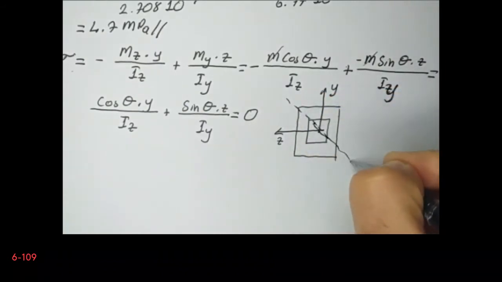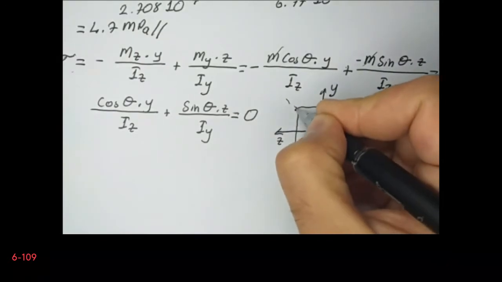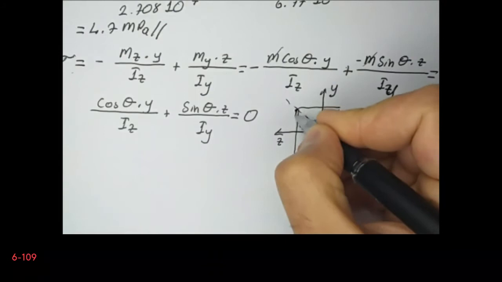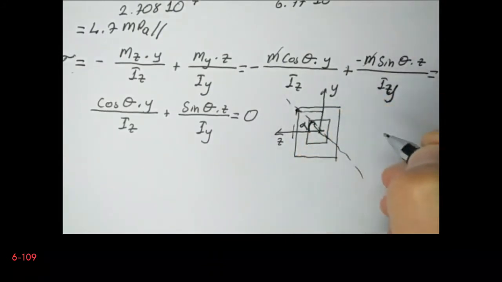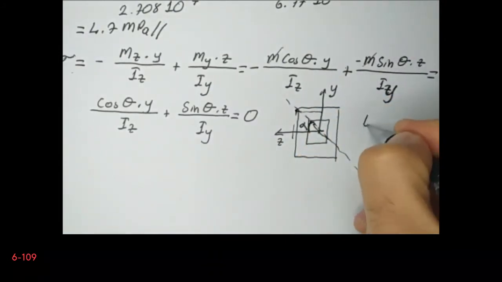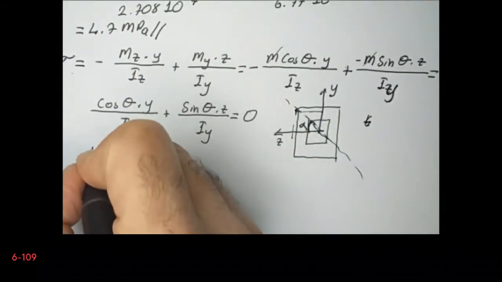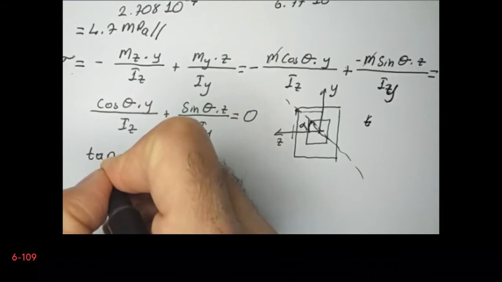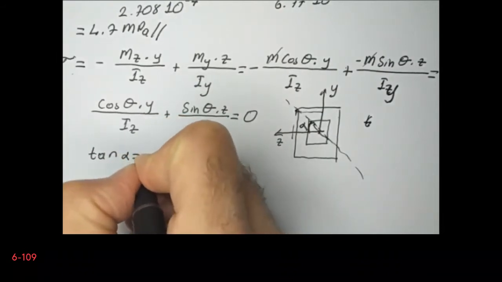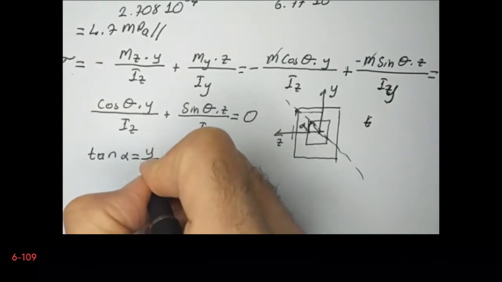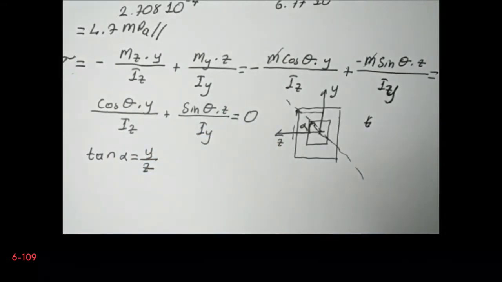For this arbitrary point, tangent alpha is equal to y divided by z.